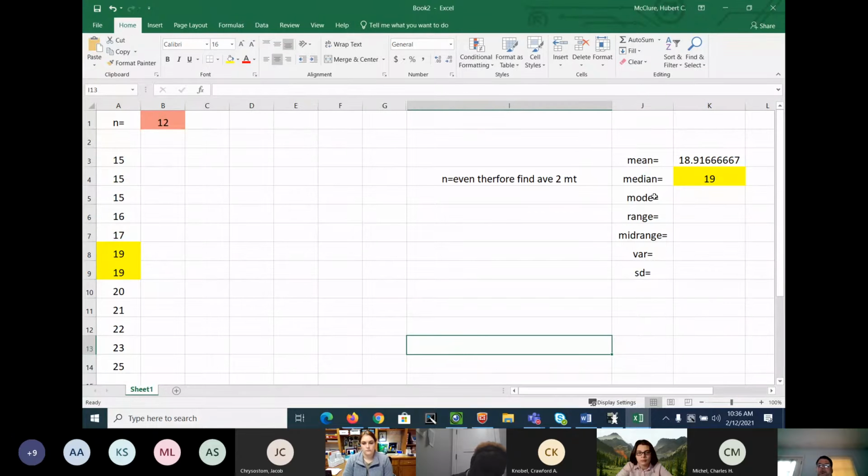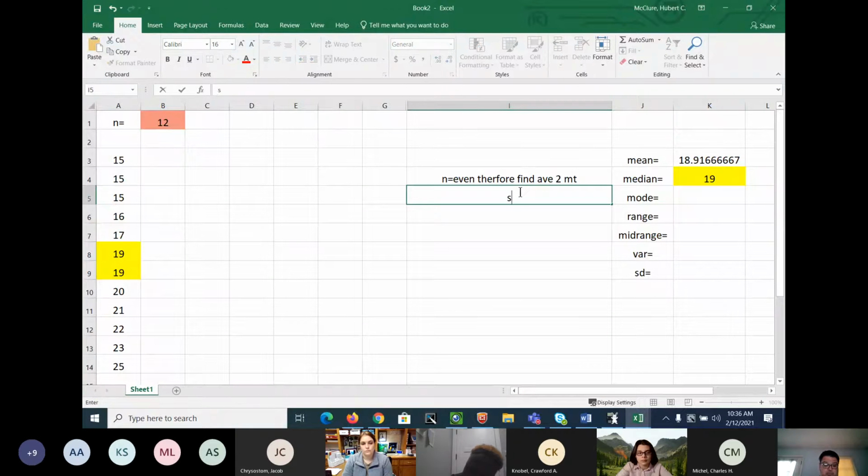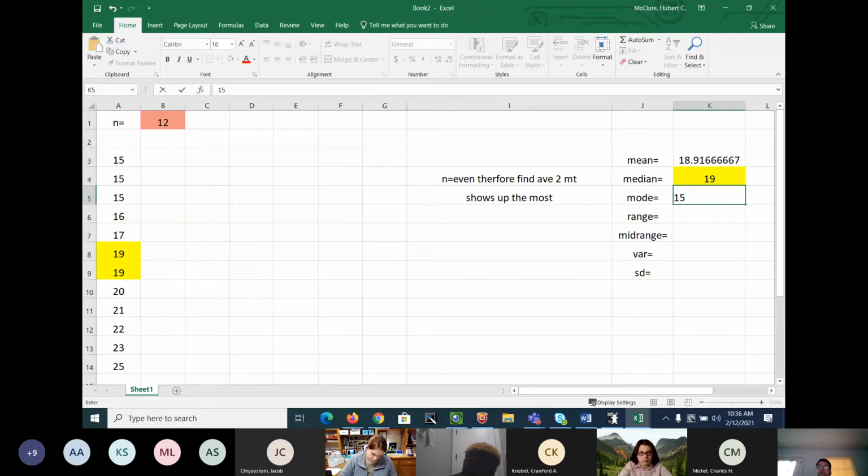All right. Mode. What number shows up the most? 15. I'm going to take your word for it because I'm typing. All right. 15. How do you find the range?